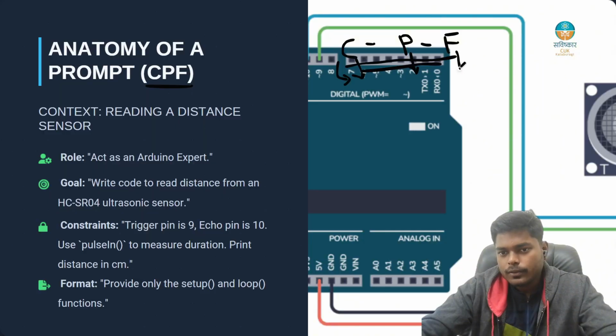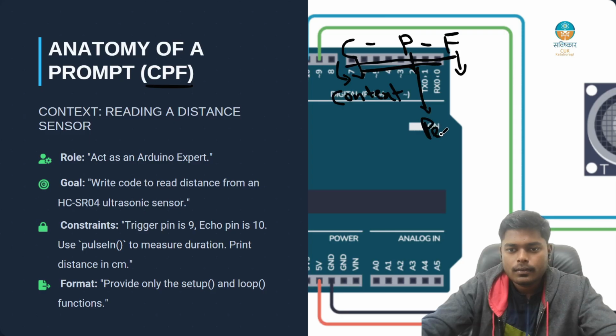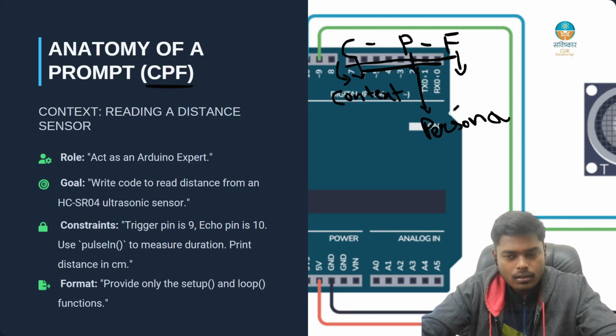So the full form is: C means context, P means persona. Don't mispronounce it.